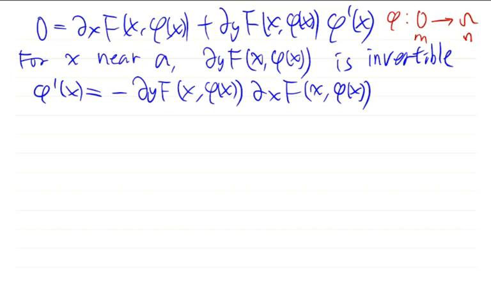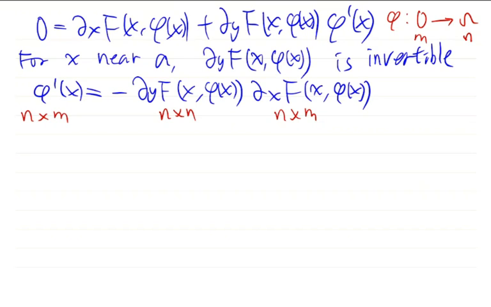So phi prime x should be an n by m matrix. And also, dxF is an n by m matrix, and dyF is n by n. So the two matrices on the right-hand side can be multiplied, and the result of their multiplication is an n by m matrix. So this matrix is the minus matrix of our phi prime x.